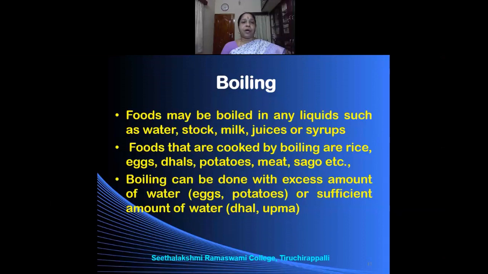For one portion of semolina that we use in the preparation of upma, we add 2.5 portions of water so that it is cooked to the required consistency. Similarly, while cooking rice, we add 1 cup of rice and 2.5 or 3 cups of water so that there is no excess water, and whatever water has been added will be absorbed and the food will be thoroughly cooked. So it can be cooked in two ways, one where excess water is used and the other where sufficient water is used.